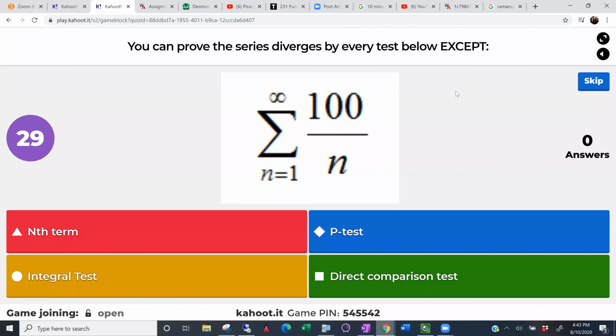Okay, so what test can't you use to show the series diverges?